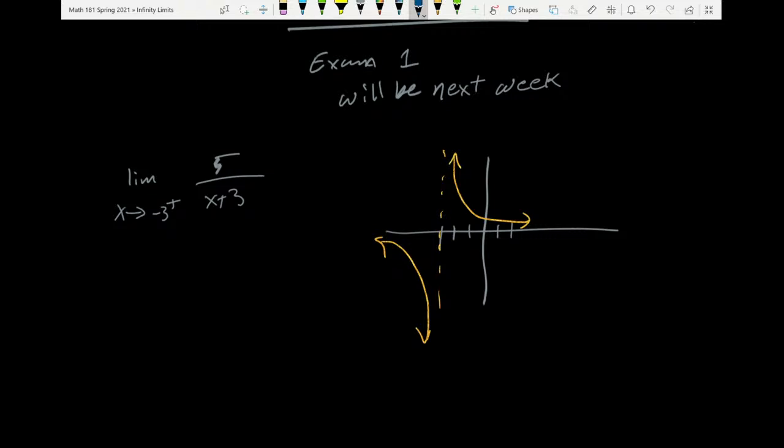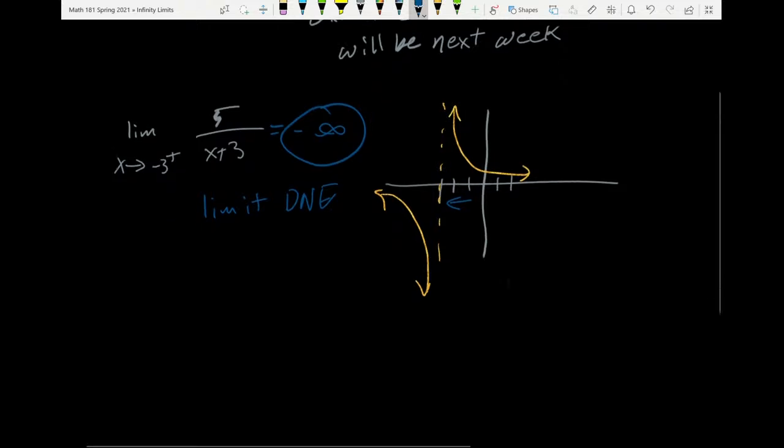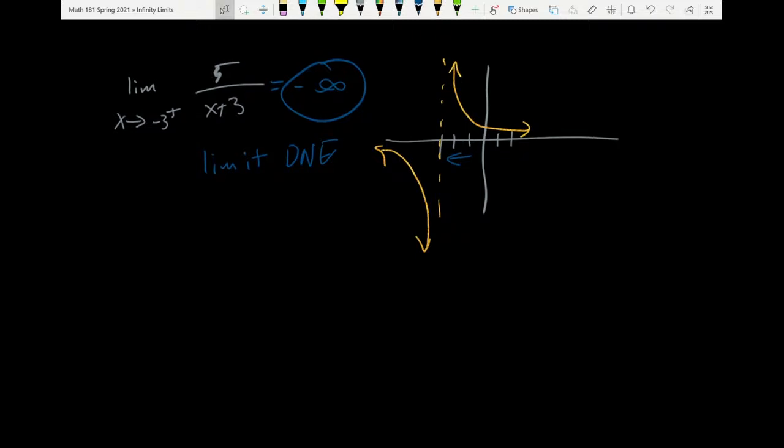Now, if you approach -3 from the positive side, you get negative infinity. We said the limit does not exist, but it's an infinite limit. That's what we look at. Simple as that. And this is a vertical asymptote.